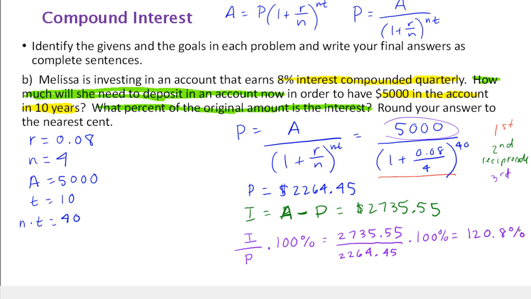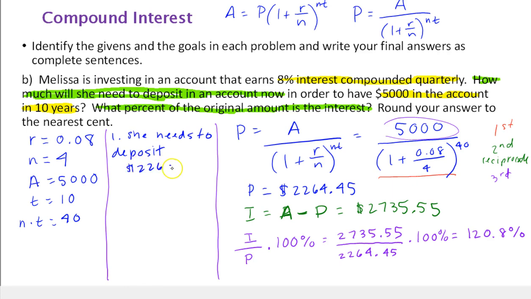Okay. Now let's write our results as sentences. Okay, refer back to the original question. How much will she need to deposit now? That's what our first value was. She needs to deposit $2,264.45. Okay.